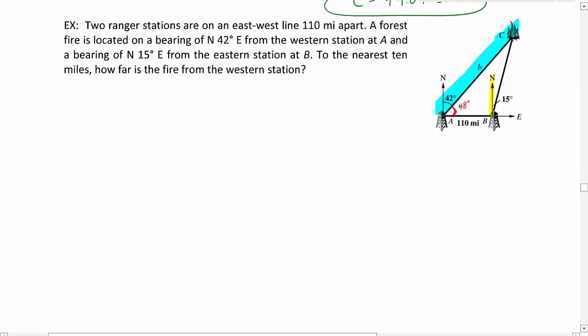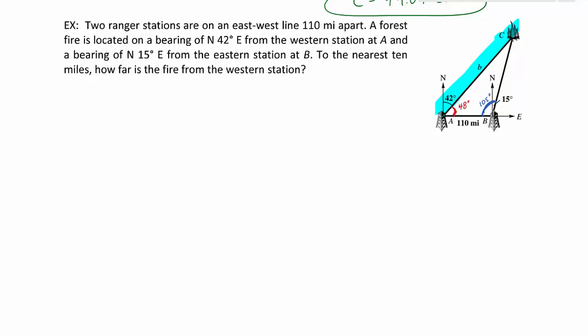Similarly, we know that this northwest line here has to create 90 degrees. And then we have that little extra 15 to the right. So this angle is going to be that 90 plus 15, 105 degrees.